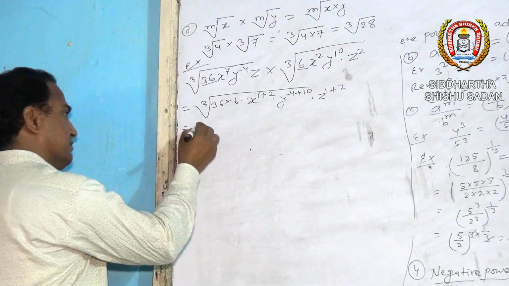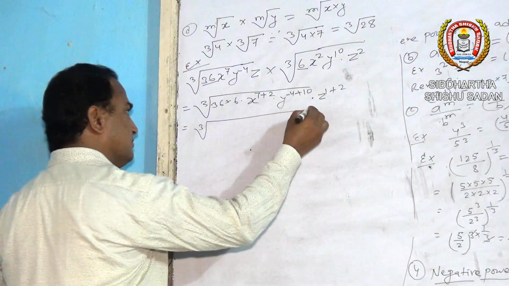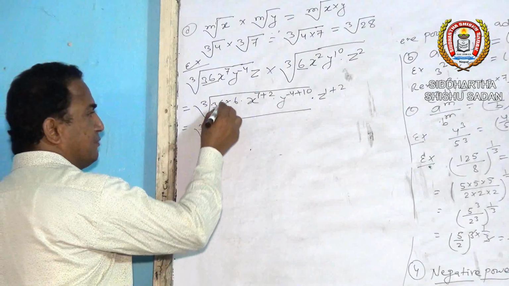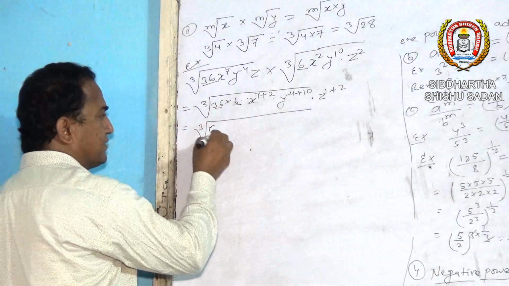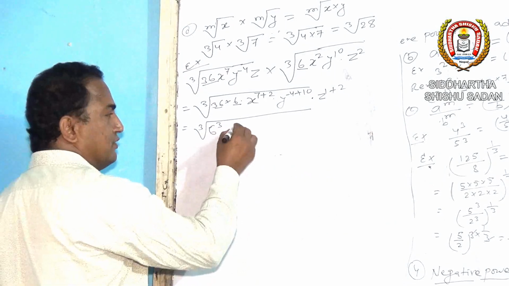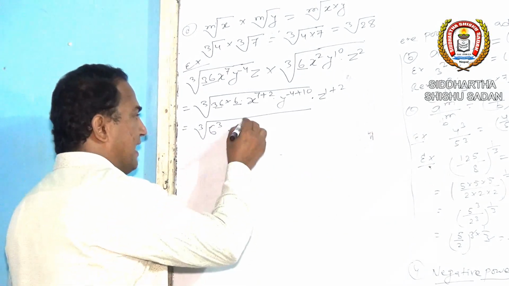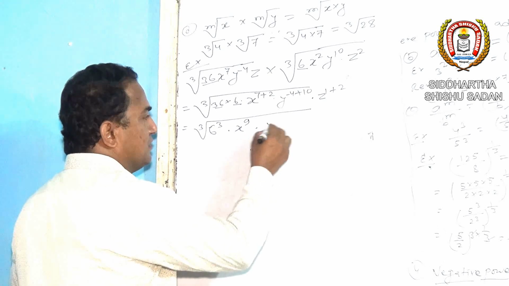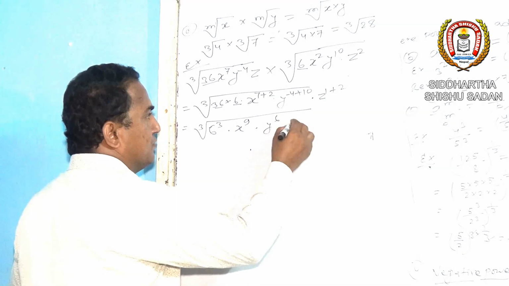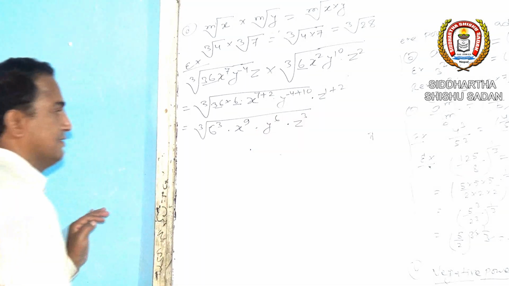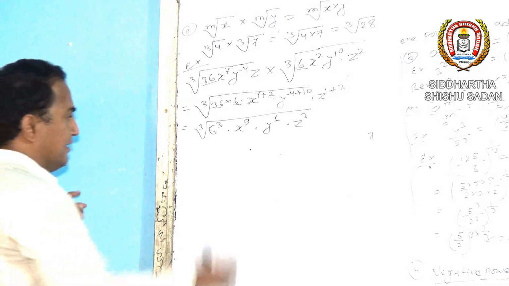Look here, cube root 36 into 6 means 6 to the power 3 into x to the power 9 into y to the power 6 into z to the power 3. Right?